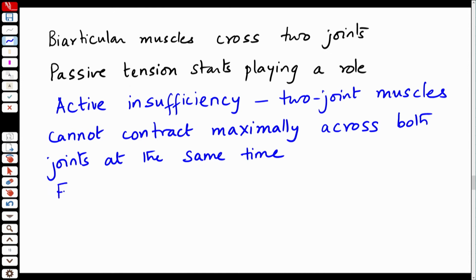The finger and wrist flexors are an example of active insufficiency. Another example is your hamstrings.